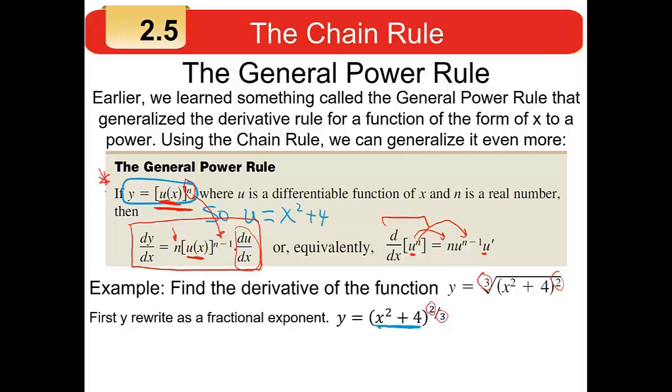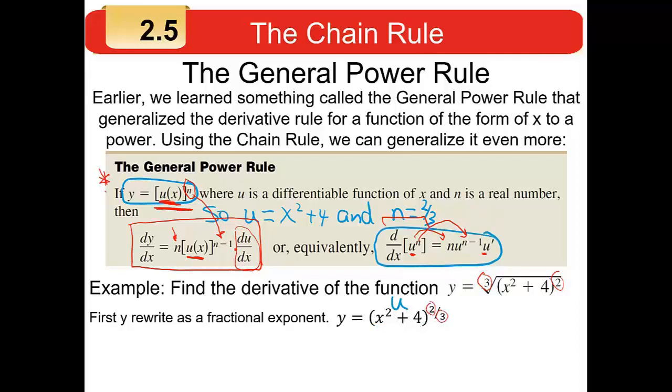So once you get it rewritten, you want to think of the x squared plus 4 as being the inside function. It's like the u. And the n is the power, and in this case it would be 2/3. So in your mind, even if you're not writing all this down, and you can, you're thinking of the x squared plus 4 as being the u, and the 2/3 as being the n.